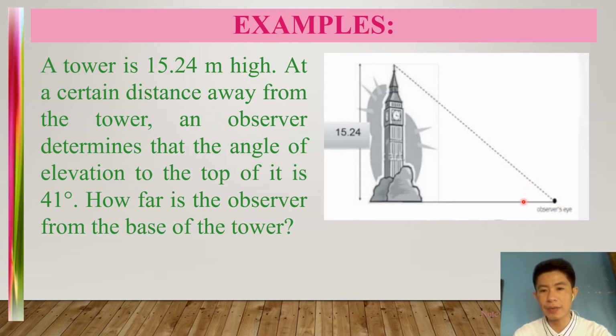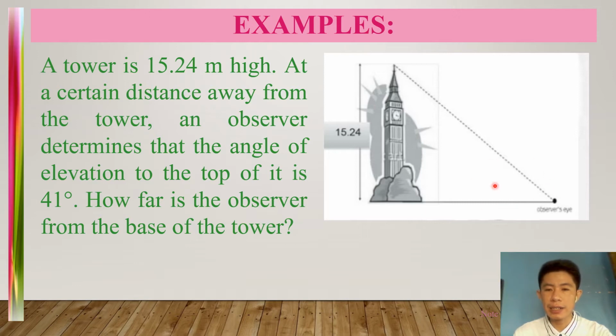So this angle formed from the horizontal line of sight to the top of the tower is 41 degrees.